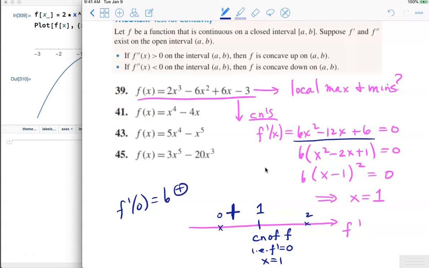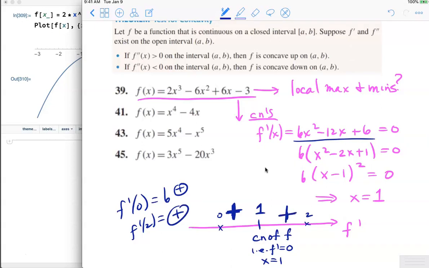So we know that any value of x less than 1 will give a positive derivative. And if you put 2 into the derivative, take something on the other side of 1, you'll get 2 minus 1 squared, which is positive.